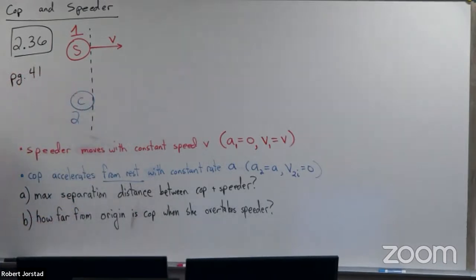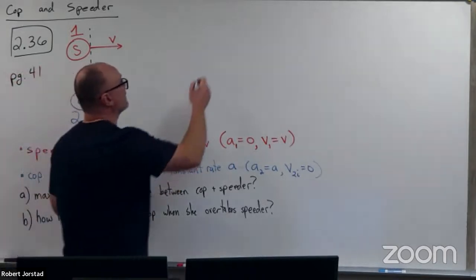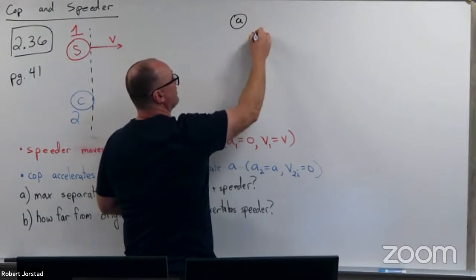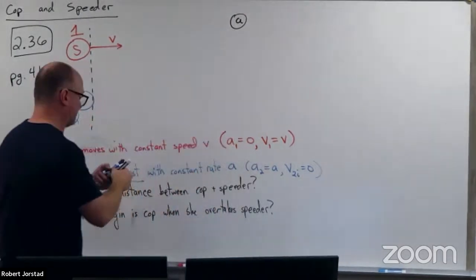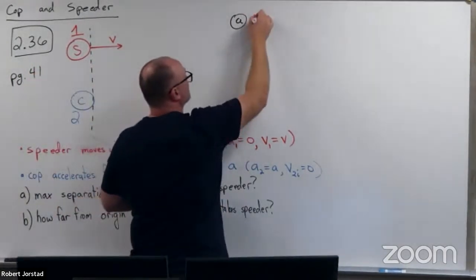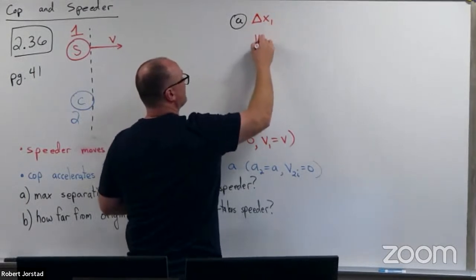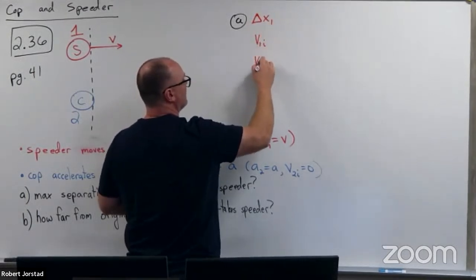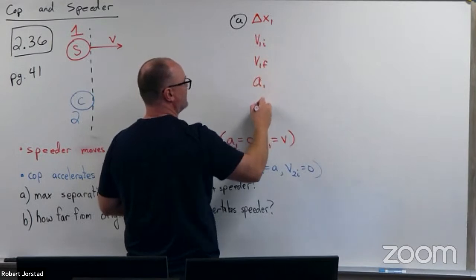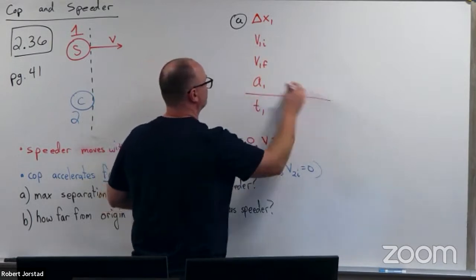In this case, let's just pick the max separation condition here. So let's do part A. I'm going to do two sets of knowns. I'm going to say delta X1, V1 initial, V1 final, acceleration 1, time 1.